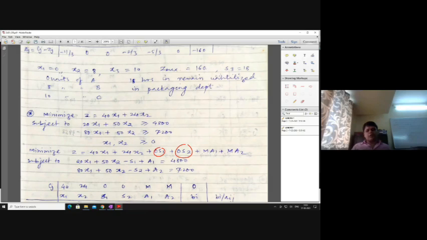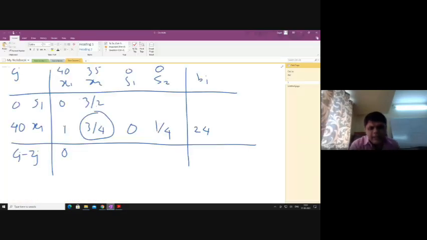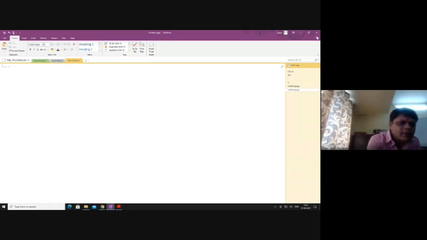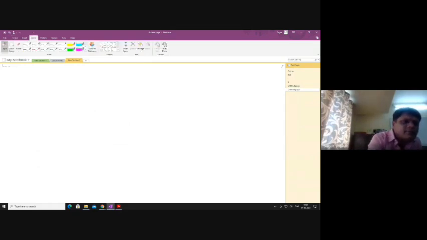There are two ways of solving this kind of problems. One is by using big M method, and another is by using two-phase method. This is called big M method.